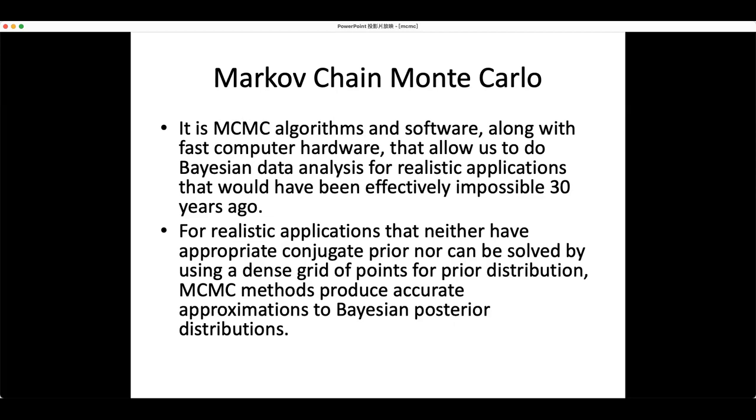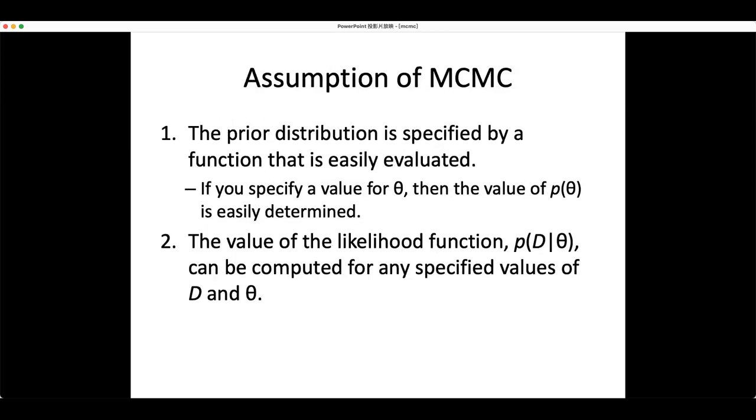So how do we do it? There are some assumptions that we have to have for any MCMC algorithm. The first one is that the prior distribution is specified by a function that's easily evaluated, which is normally the case.